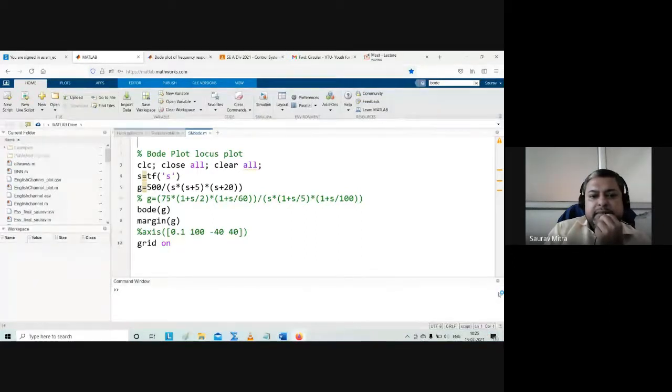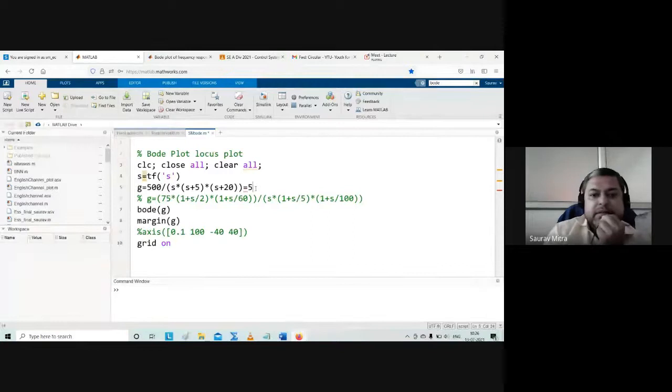If you are taking 5 and 20 outside, then what will remain in the numerator is only 5. I'm just writing it. You take 5 outside, and 20 outside from the denominator, so the denominator becomes 100. So it will be 500 divided by 100.